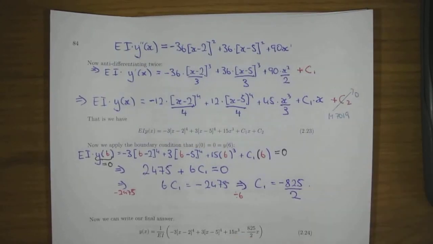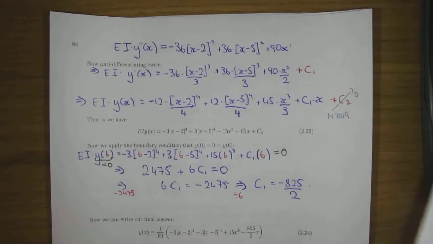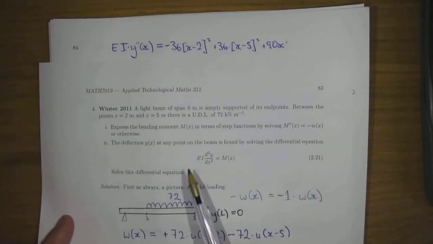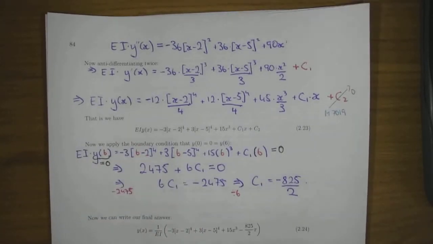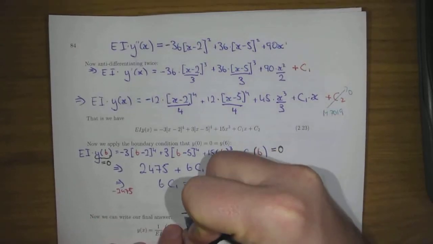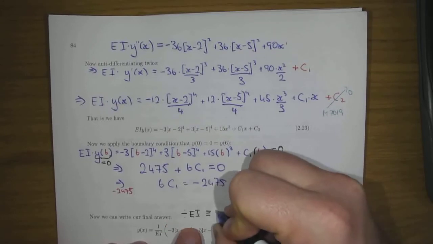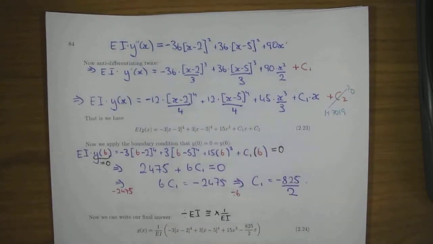And then what you want to do is put your thing back together by getting y of x on its own. When you have a differential equation like this, the job is to find y as a function of x. You don't want the EI there, so divide both sides by EI. Dividing by EI is the same thing as multiplying by 1 over EI. That's not that weird.